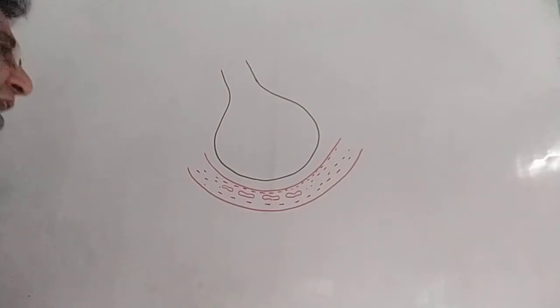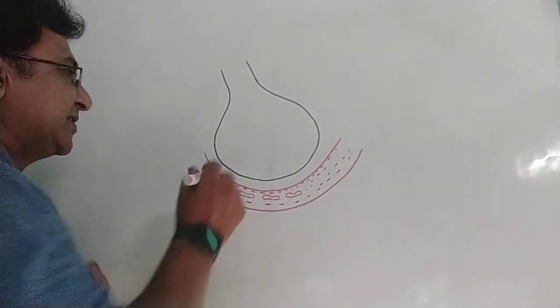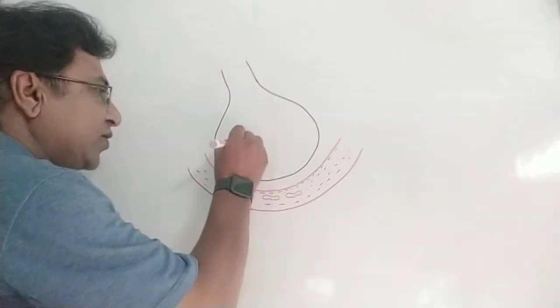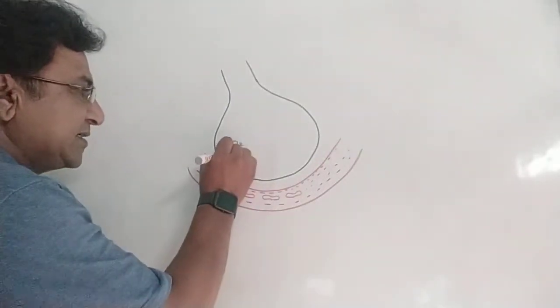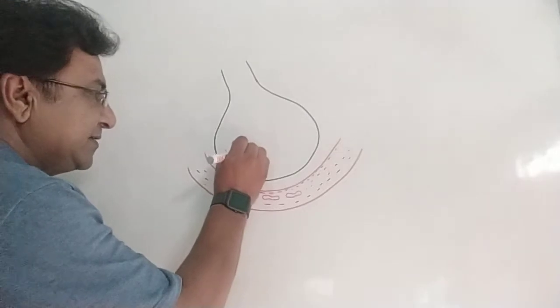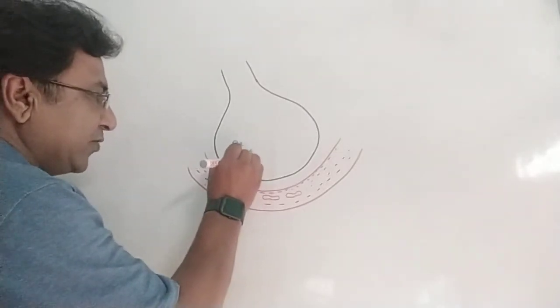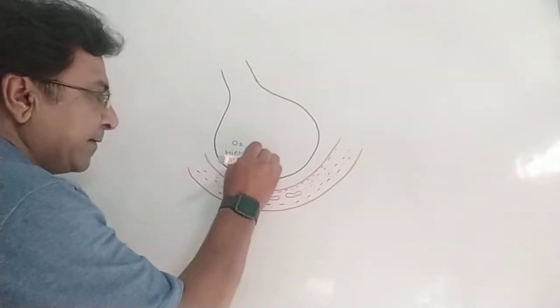Now alveoli have what? Alveoli have oxygen present in it at a higher concentration, right?